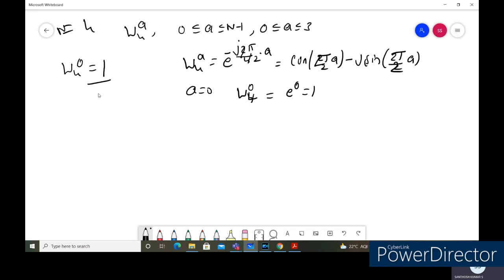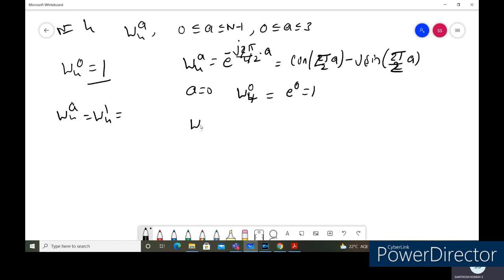Similarly, let us find the remaining values, for a is equal to 1. So it is omega 4 to the power of 1. Let us find that value. If I substitute a is equal to 1 here and here also, let us see how the values will become.